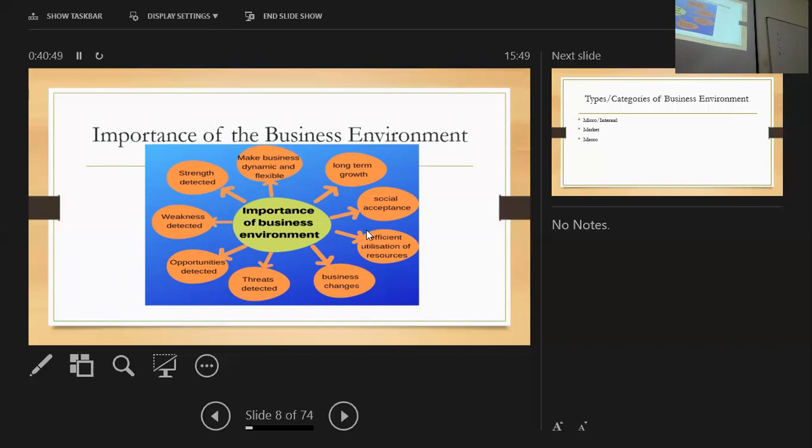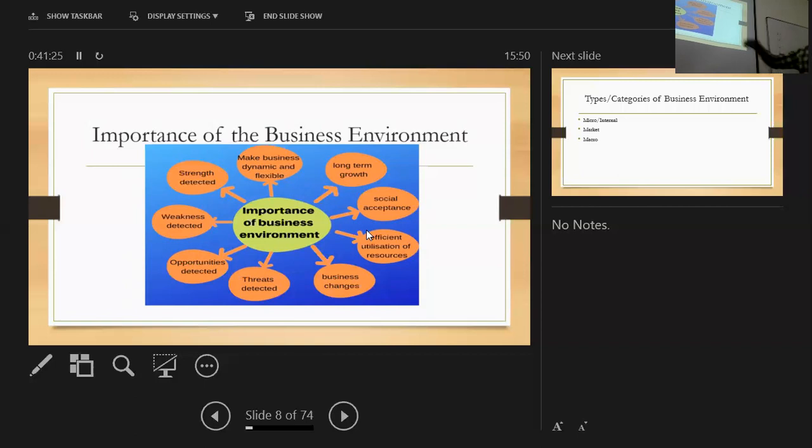Now, what is the importance of the business environment? We can detect where the strengths are, or where the opportunities are. Then we can also detect where the threats are, strengths, weaknesses, opportunities, and threats.